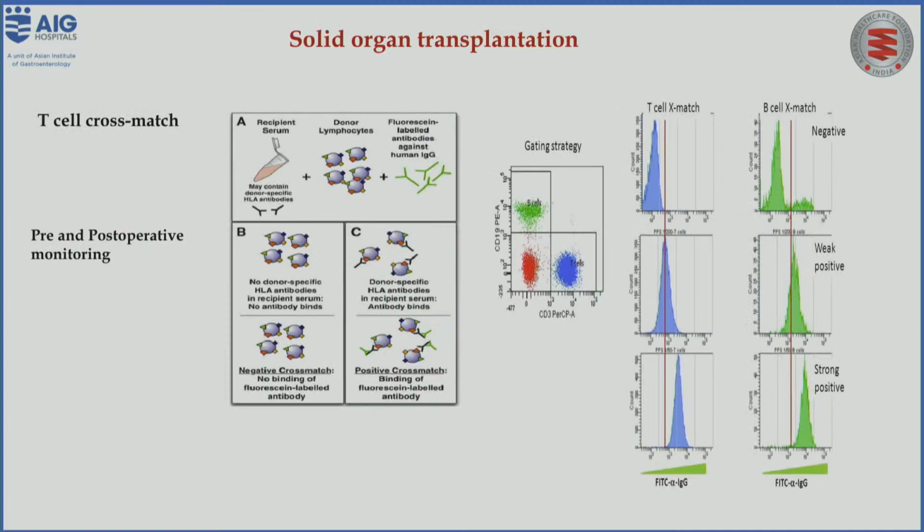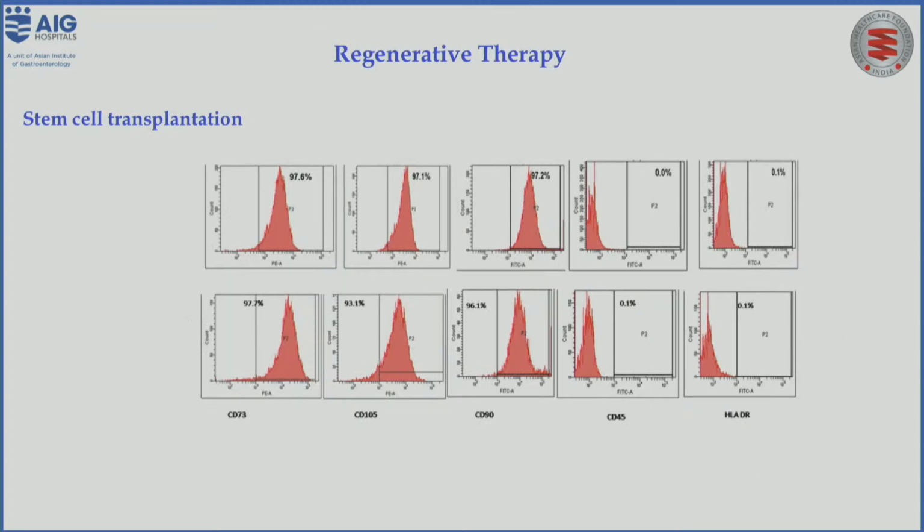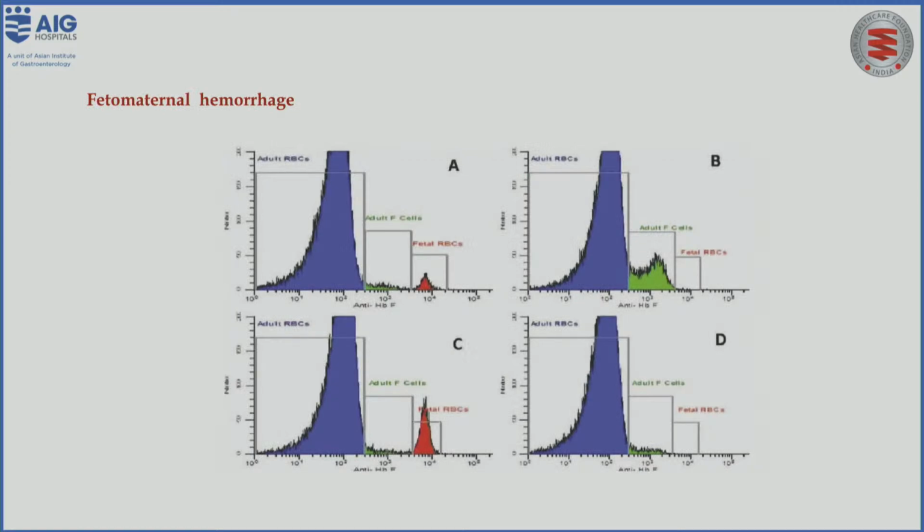Also in solid organ transplant, we can check pre and post operatively, using the recipient serum and donor lymphocytes, to detect antibodies prior to organ transplant. We can easily distinguish positive and negative, and we can use flow cytometry for regenerative therapy, for different stem cell therapies, and also for fetal maternal hemorrhage.